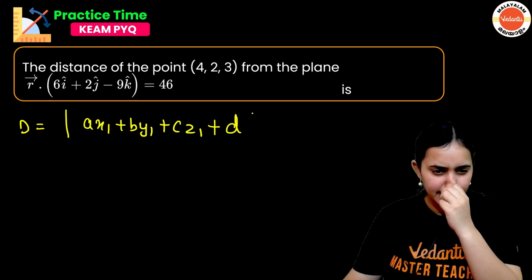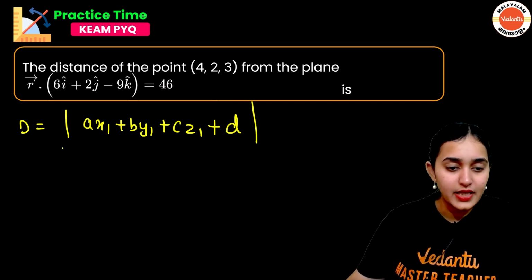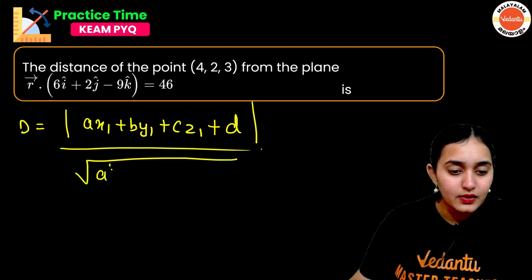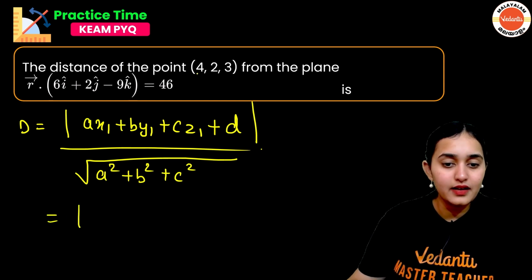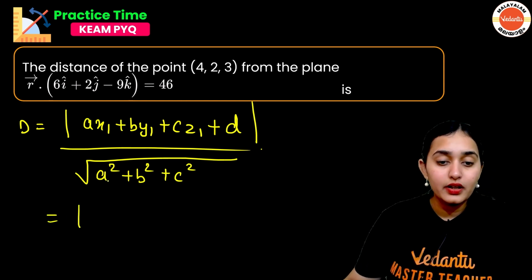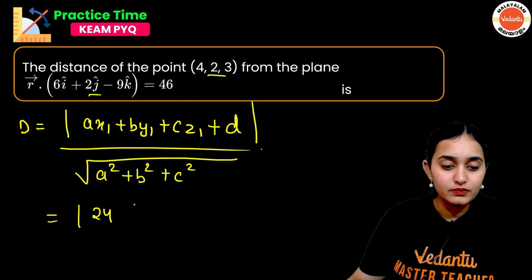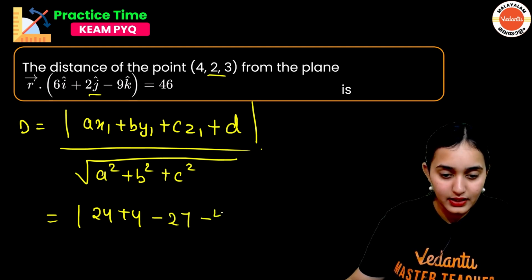And upon root over a square plus b square plus c square. Okay, so a is here 4. 4 into 6, 24. 2 into 2, 4. 3 into 9, 3 9s are 27 and 46.